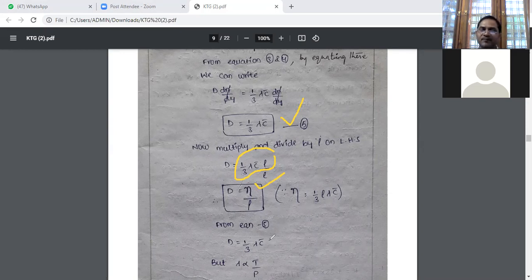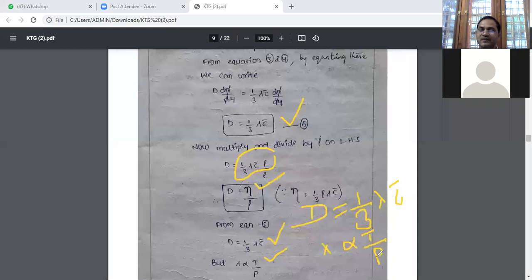And one more: D equals 1/3 lambda C bar, which we already got. But the mean free path lambda is directly proportional to T by P, that is, directly proportional to temperature and inversely proportional to pressure.